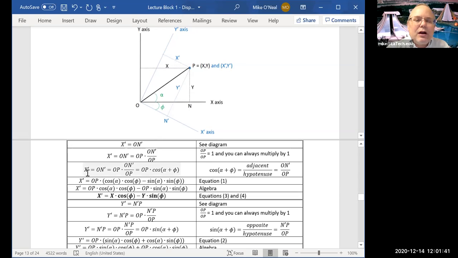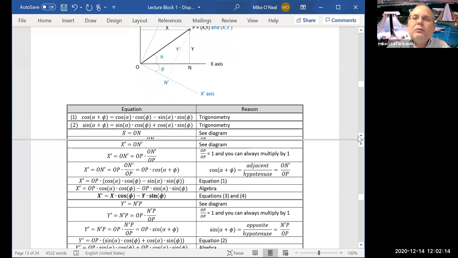So x prime is equal to OP times cosine of alpha plus phi. Now, if you go back to equation 1, we can replace cosine of alpha plus phi with this little piece of beautifulness here. That comes from our equation 1.